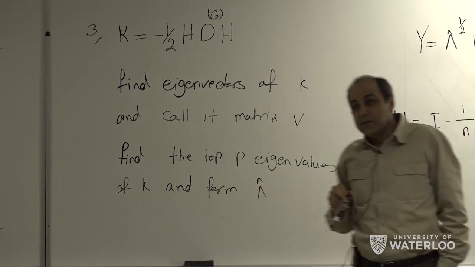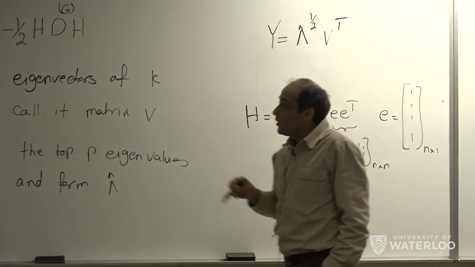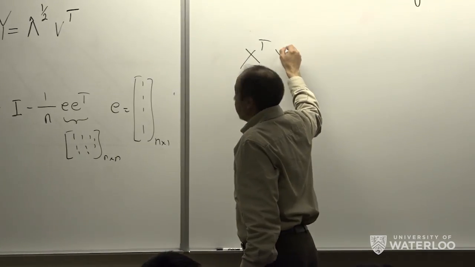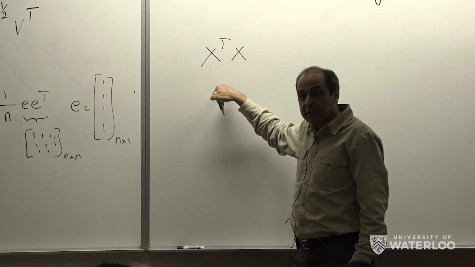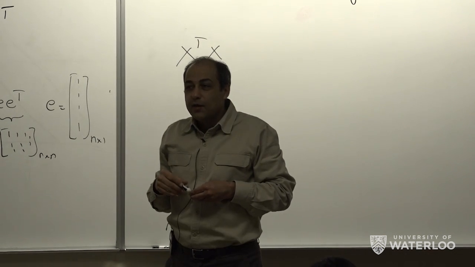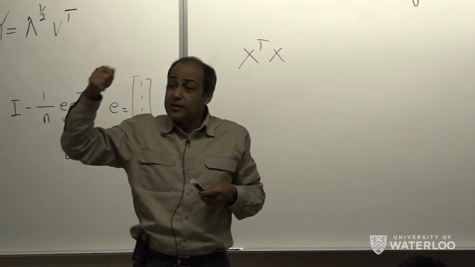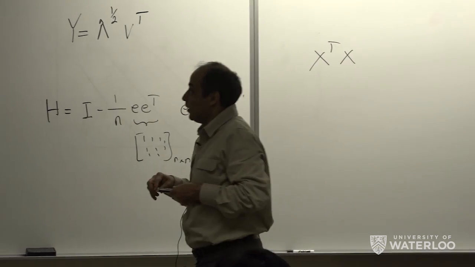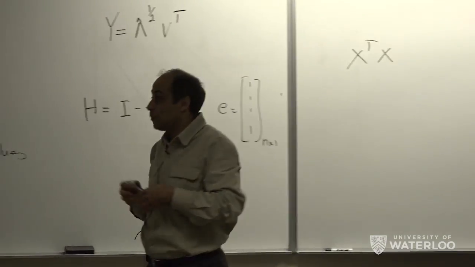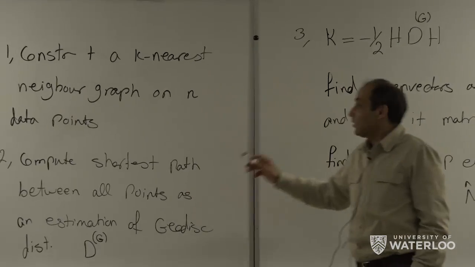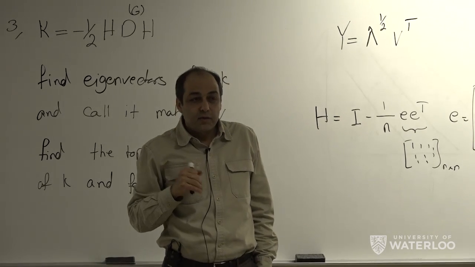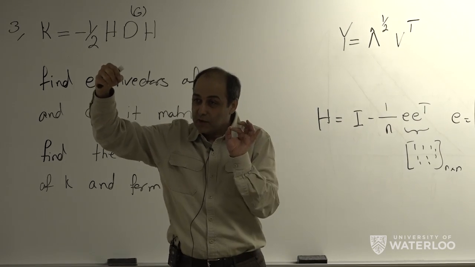What is wrong if it is not positive semi-definite? It cannot be decomposed in the form of X transpose X. In other words, it cannot be embedded in a Euclidean space. There does not exist such a configuration. So what's going to happen in this case? It's possible that we compute geodesic distance, we compute this K, and K is not positive semi-definite, meaning there is no configuration in p-dimensional space to preserve this.